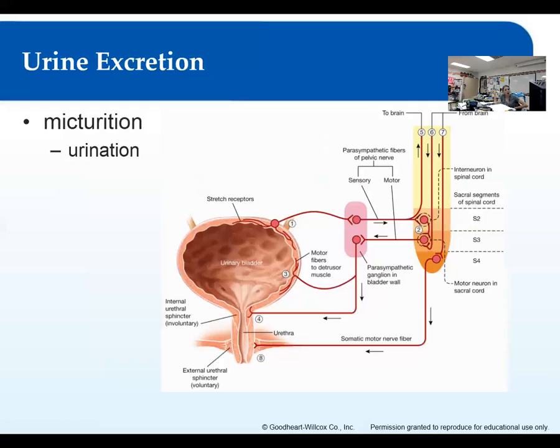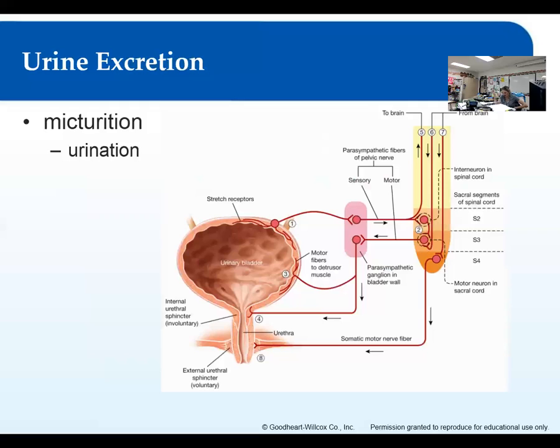So all this is going on in the same moment. If the time is not right for urination, so as in if you're in your seat in class, then there is no change in the steady signal to the external urethral sphincter that causes it to stay contracted. So it's normally contracted. I'm sorry.